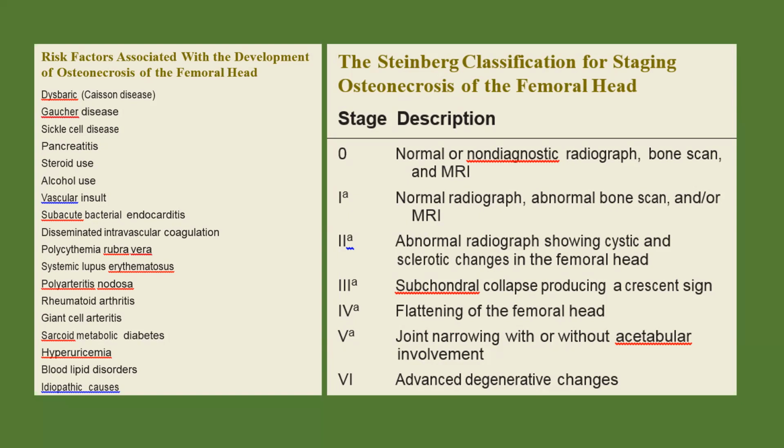And 3A is subchondral collapse, producing a crescent sign, flattening of the femoral head in 4A, and joint narrowing with or without acetabular involvement. And finally, 6, you have advanced degenerative changes.